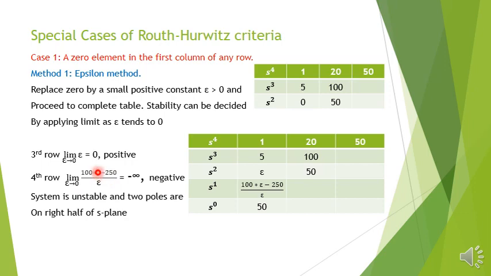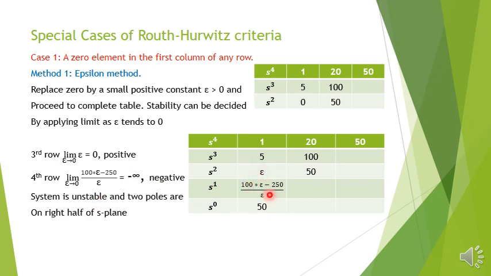If I apply epsilon equal to 0 here, I get 0 minus 250 by 0, so minus infinity. Instead of the value, if I check the sign, this is negative. So in the first column there is a sign change, so the system is unstable.